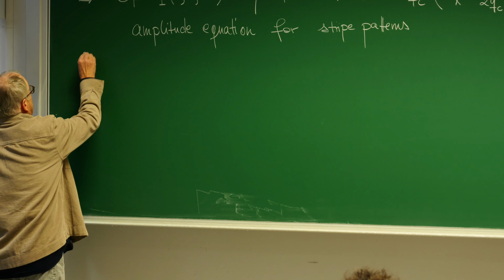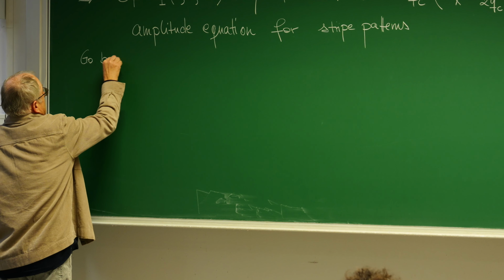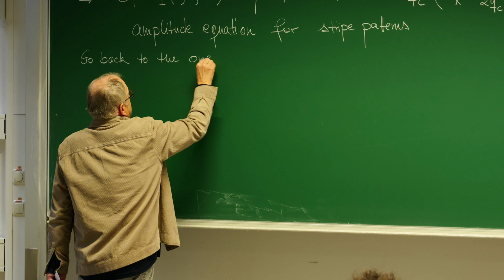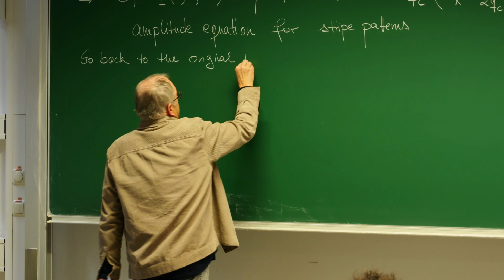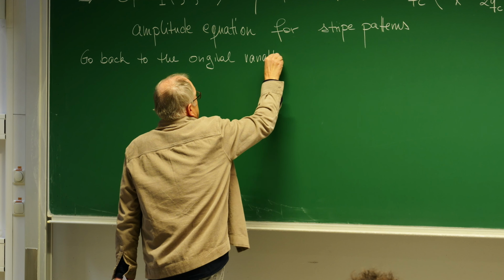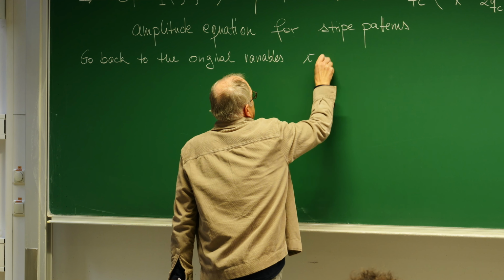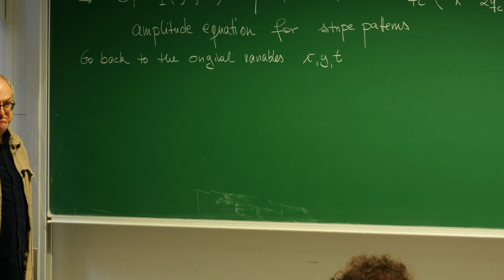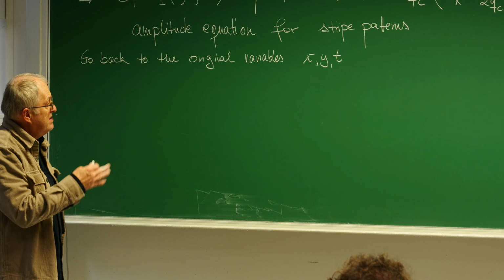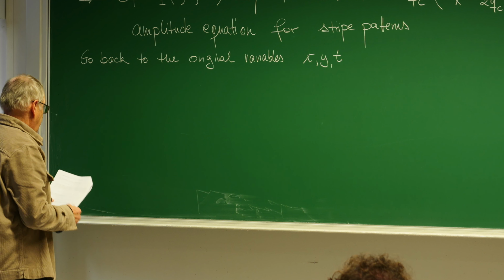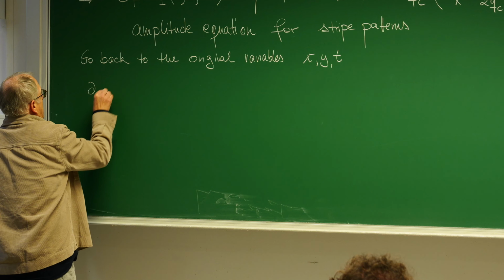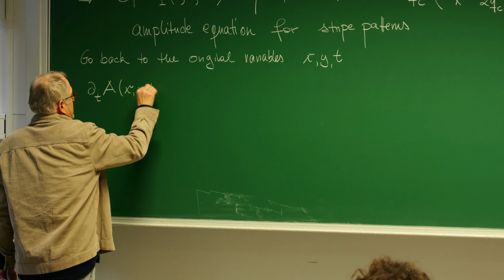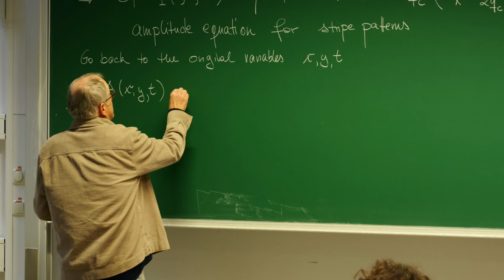And now let's go back to the original variables, which is x, y, and t, where we know the relations. So capital T is epsilon squared times smaller t. Then you have the relations for x and y. The amplitude equation, now a function of x, y, and t, has, of course, exactly the same form.